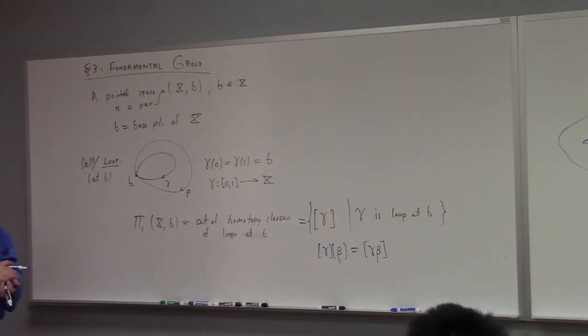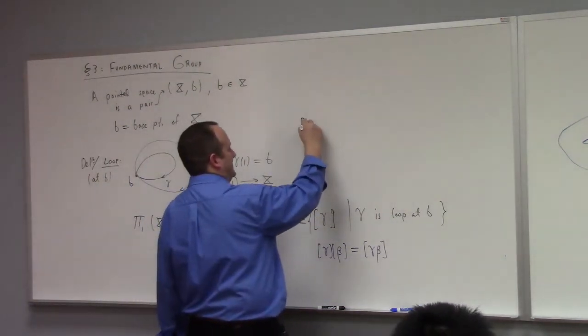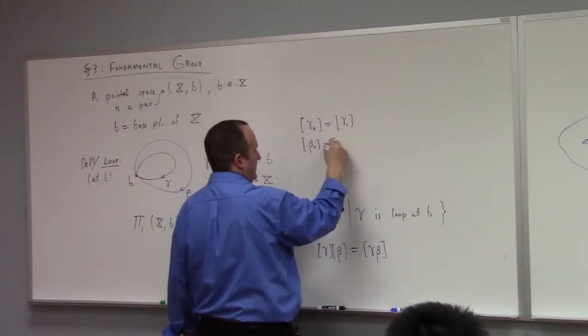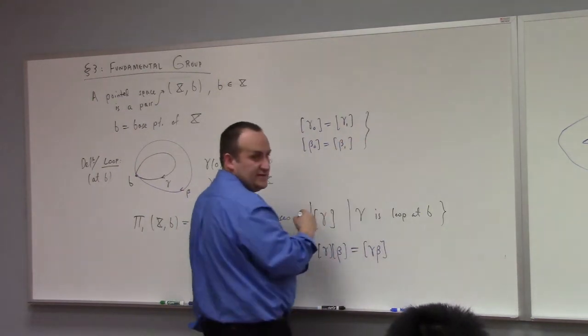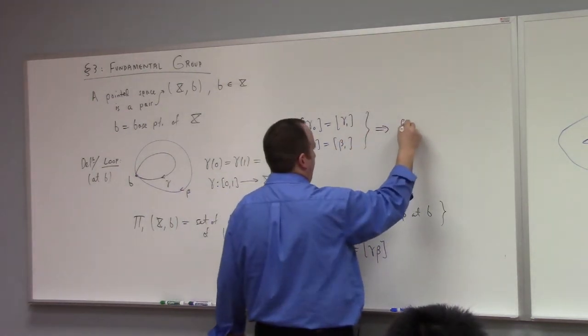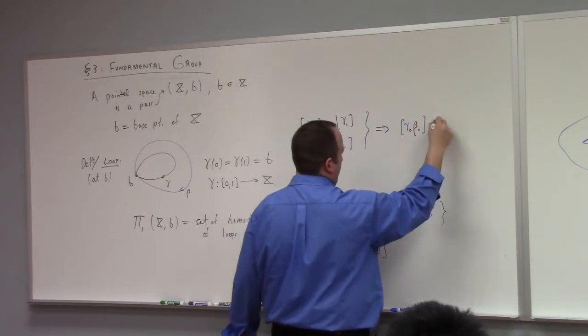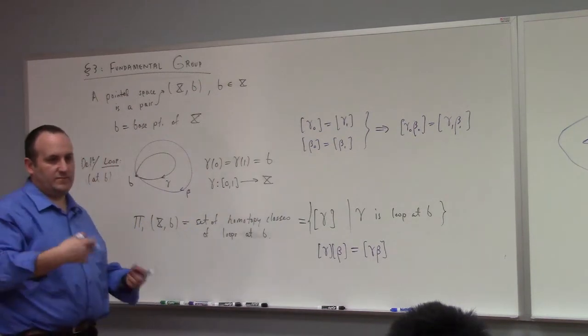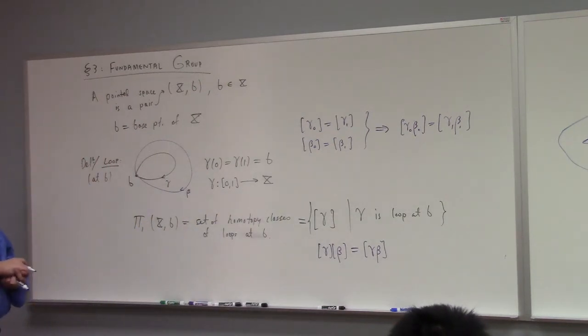The proof, of course, is that if we had gamma 0 equal to gamma 1, beta 0 equal to beta 1, both these two things together implied what? That was the fact that we could multiply homotopy classes by simply multiplying representatives, joining them by our double speed construction.